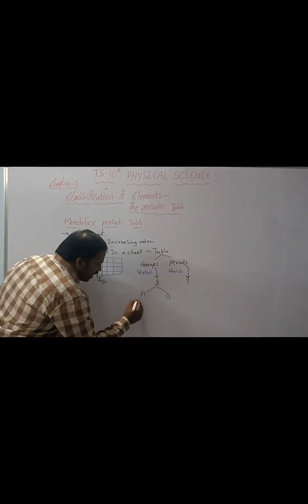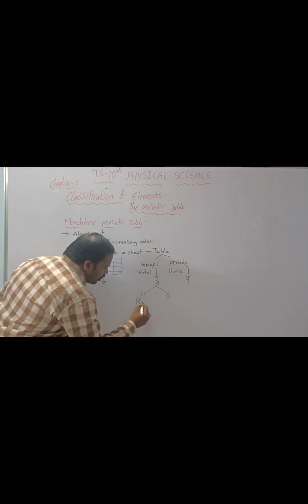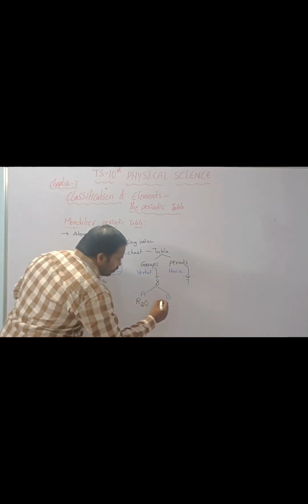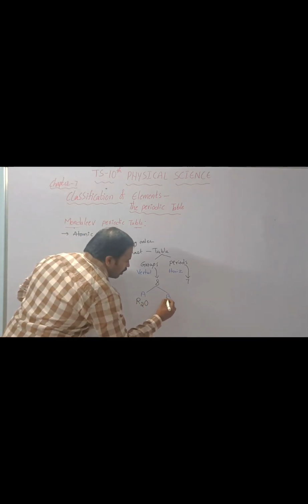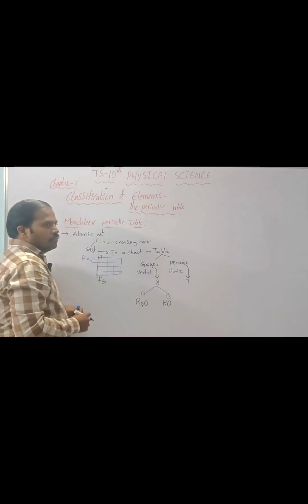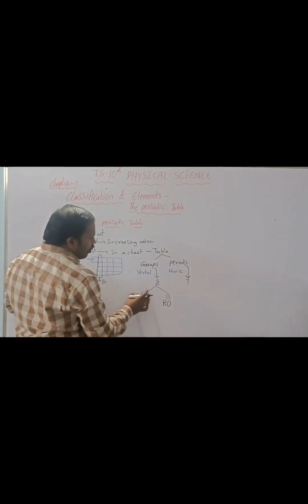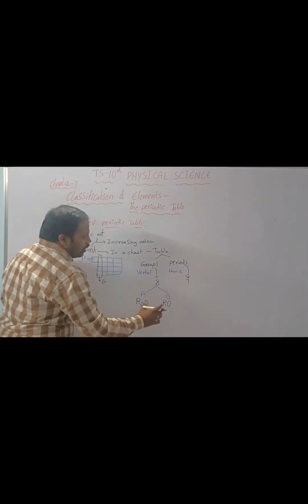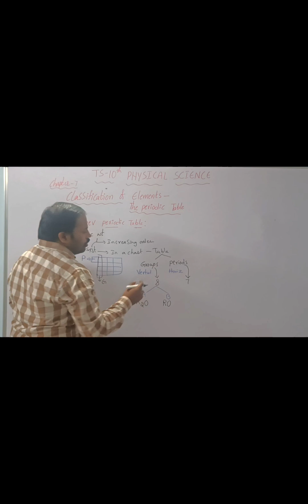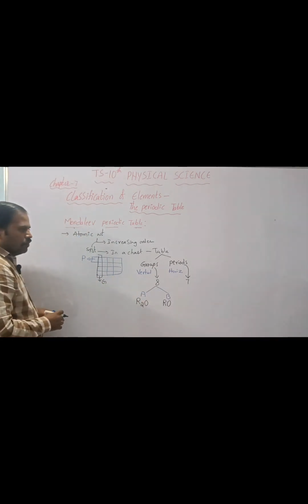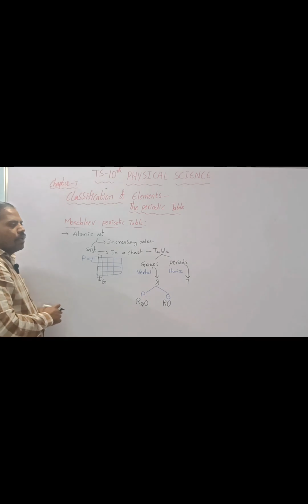By the reaction with oxygen: the first group elements all have the similar formula R2O, and the second group elements have the formula RO. Those with the R2O formula belong to the A group, and those with the RO formula belong to the B group. So he arranged them like this.